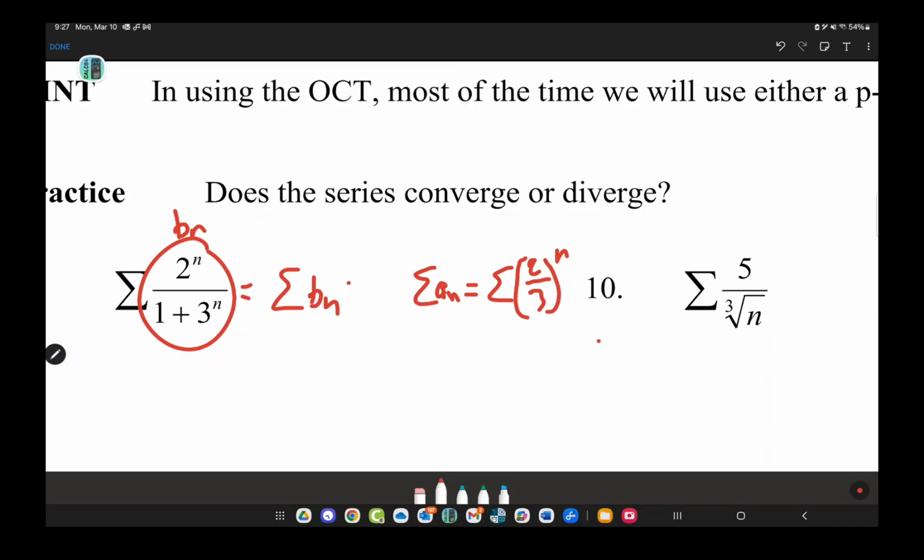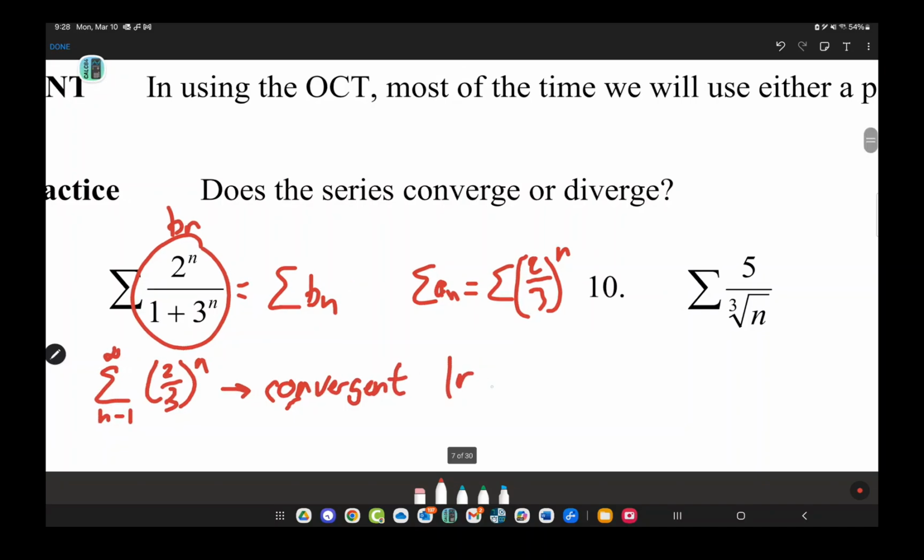Now, is an convergent or divergent? It is convergent. The sum as n goes from 1 to infinity of 2 over 3 to the n is convergent, because the absolute value of r is less than 1.